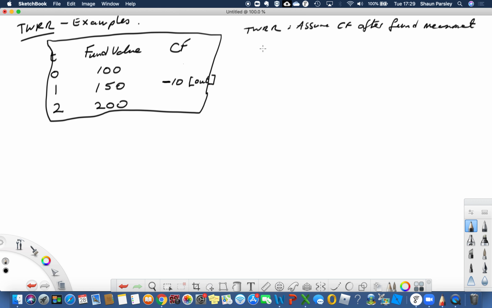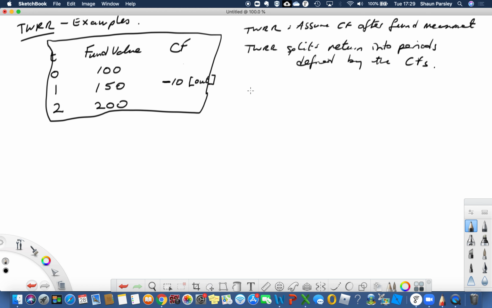Okay, so to find the return for each period, TW splits the return into periods defined by the cash flows.